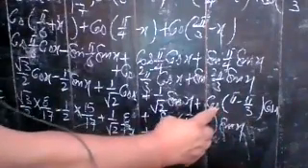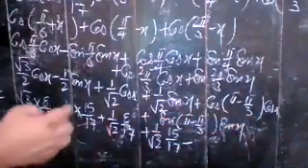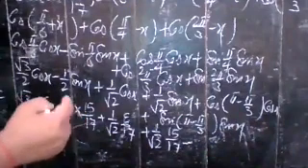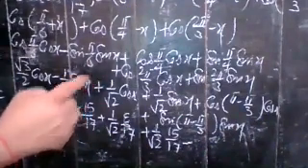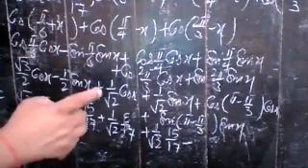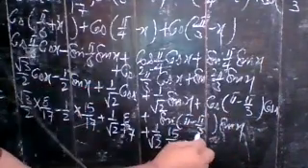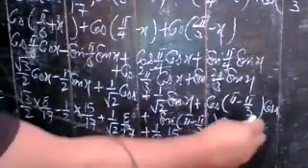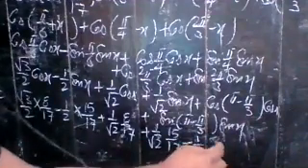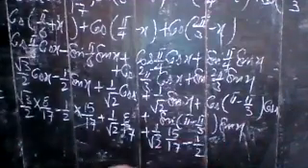Cos pi by 3 is equal to 1 by 2, so write 1 by 2 into 8 upon 17.